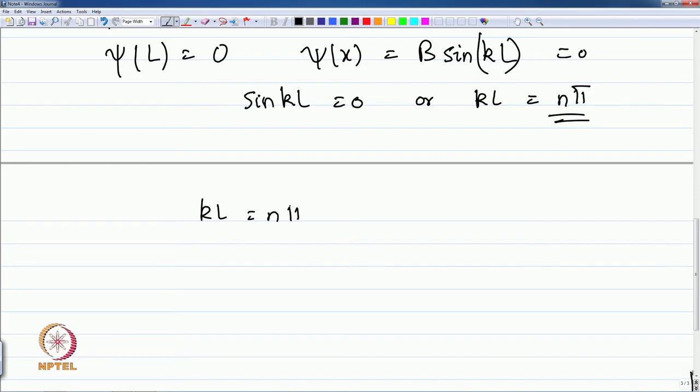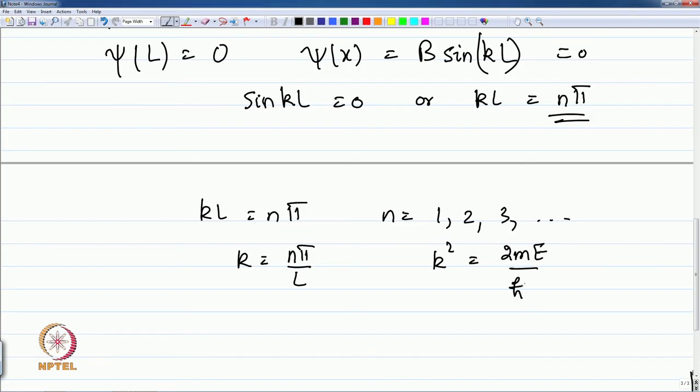And n obviously cannot be 0, which is also the case of triviality, and so we have n equal to 1, 2, 3, etc., integers. Please remember k is equal to n pi by L. Look at this, k square, if you recall, is 2mE by h bar square.